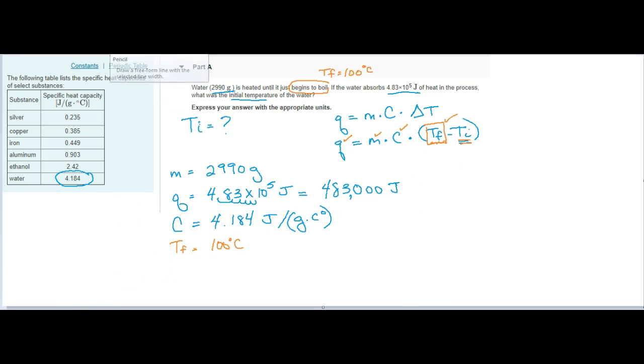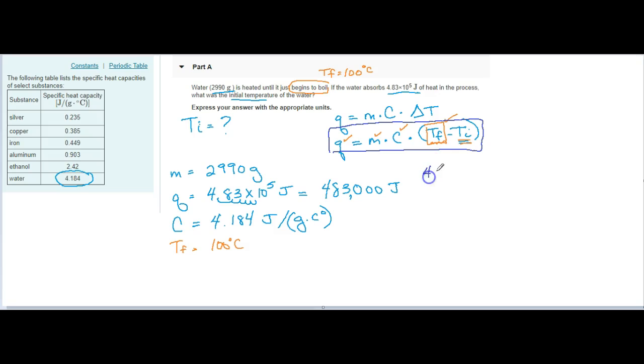So what I'm going to do is plug the data in and then rearrange the formula to solve for TI. You might want to rearrange the formula beforehand before plugging in the data. It's completely up to you. I like to put it in and then reorganize. So for this formula, I'm just going to plug in the data I have.